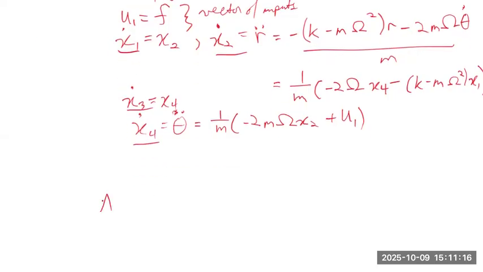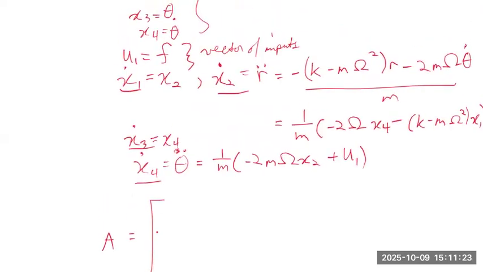Matrix A is going to be equal to... we don't have anything for x1 in the first row, because the first row corresponds to x1 dot. The x1 column is over here, x2 is over here, x3 column is over here, x4 column is over here. So we have 0, then 1 for x2, 0 for x3 and 0 for x4.